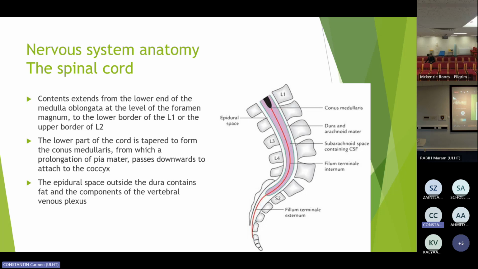The lower part of the cord is tapered to form the conus medullaris, which is a prolongation of pia mater passing downwards to attach to the coccyx. The epidural space outside the dura contains fat and components of the venous vertebral plexus.